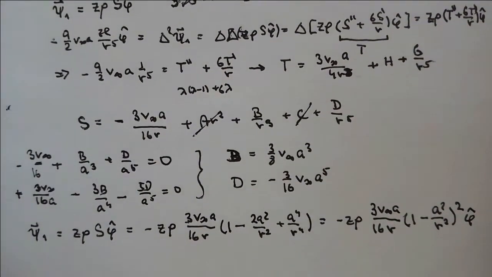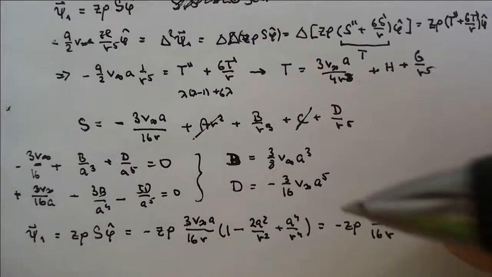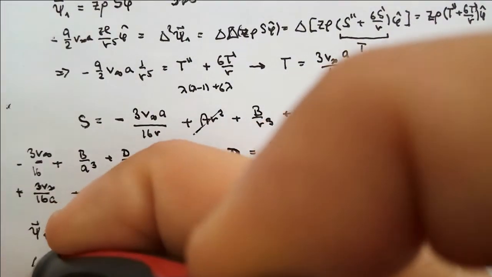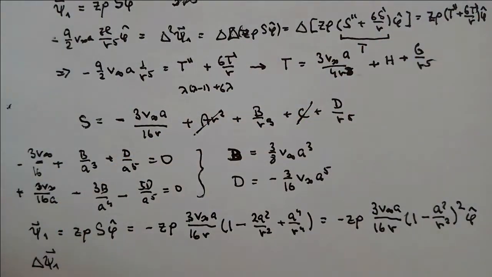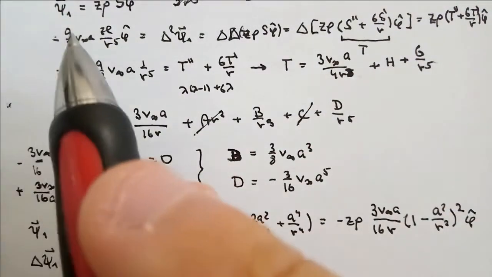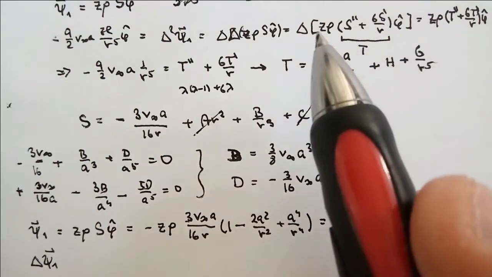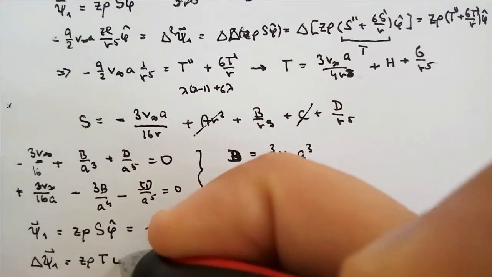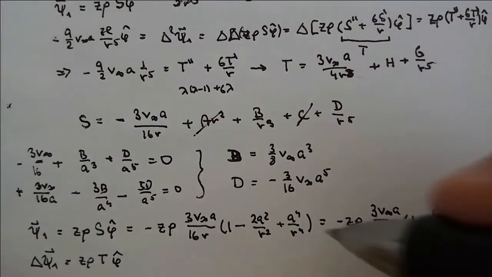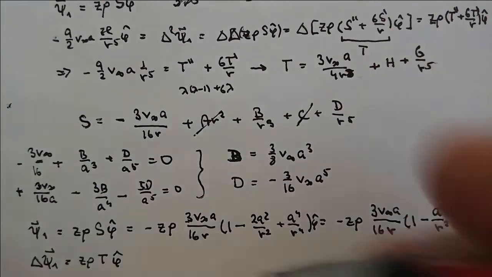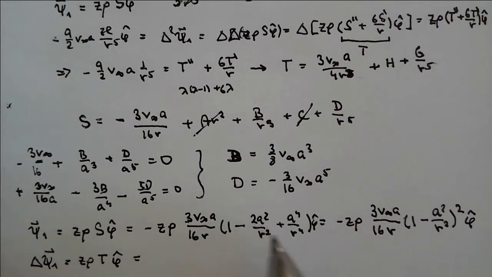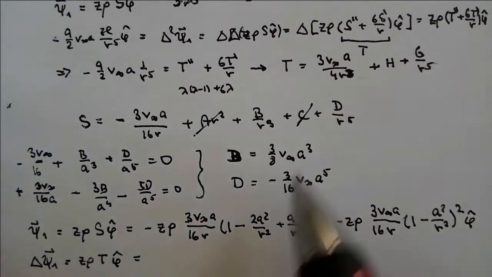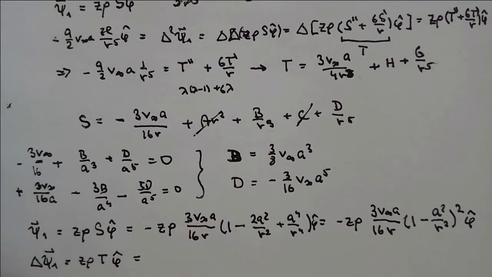psi. And again, you can compute its Laplacian. It will turn out to be very useful. Laplacian of psi 1, which by definition, or you can look here, Laplacian of phi 1 was 0 t. So we are also getting information about the t function. Oh, I forgot the phi here, t, and you can differentiate it. This is going to be vanishing because it's 1 over r to the 5th power.